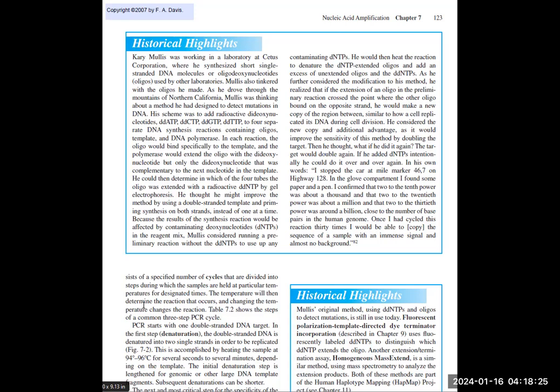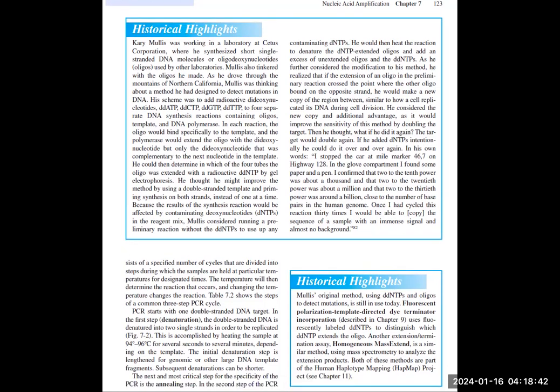So the initial denaturation step is extended for genomic or large DNA templates, while subsequent denaturations can be shorter. So the next and most critical step for the specificity of our PCR, guys, is our annealing step.